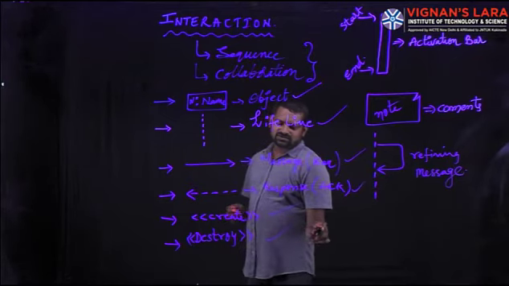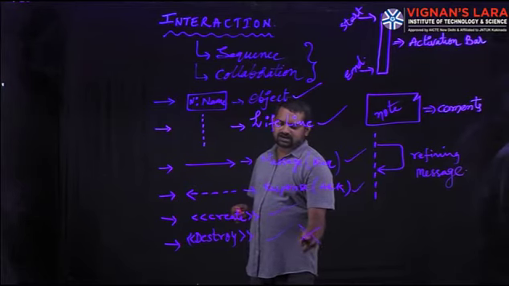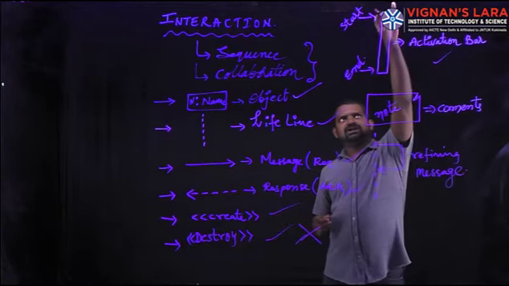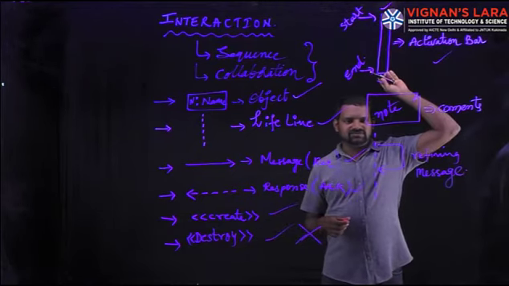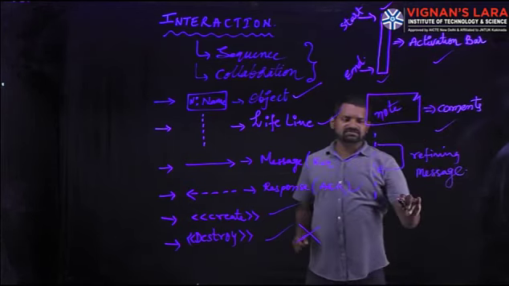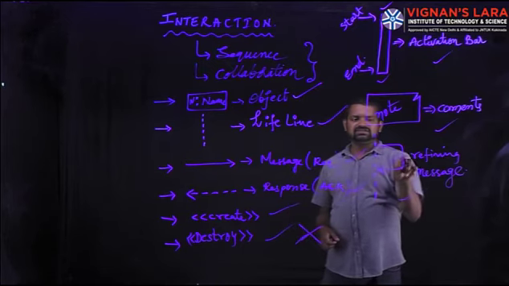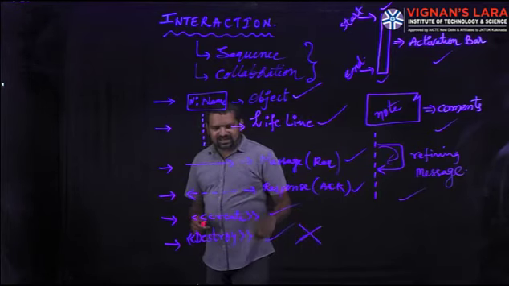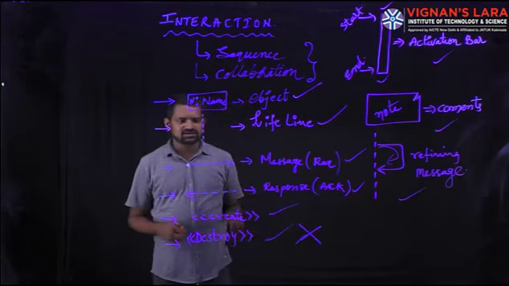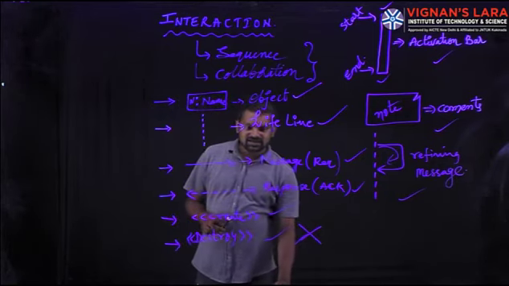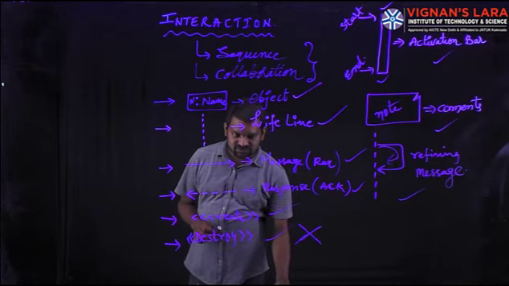For destroying an object, you give a cross mark at the end of the lifeline. The activation bar shows where the message starts and ends. The note represents comments, and the refining message shows the repeated way of the message. These are all the components of the sequence diagram.